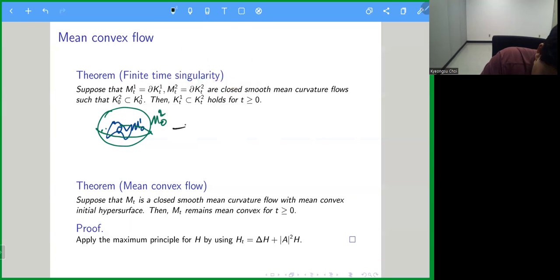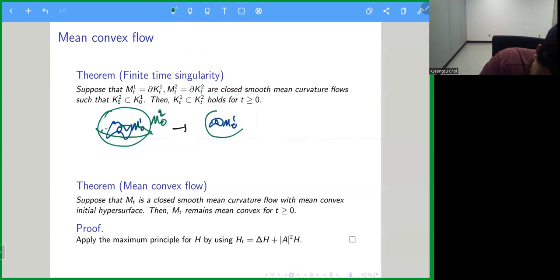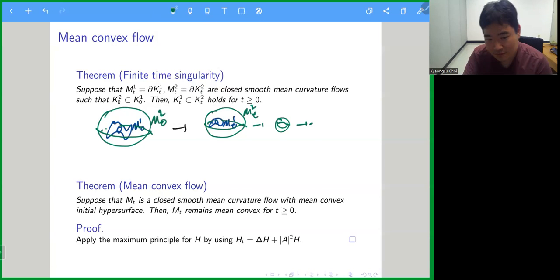As time goes by, I don't know what's going on with the original one. However, we can actually check that this round sphere shrinks to a point in finite time. And this mean curvature flow is a parabolic equation, so these two solutions cannot touch, because initially they did not intersect.